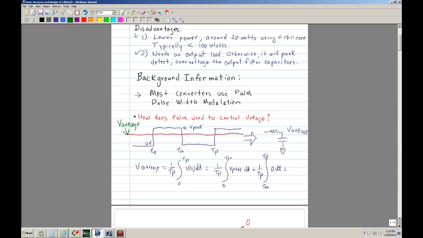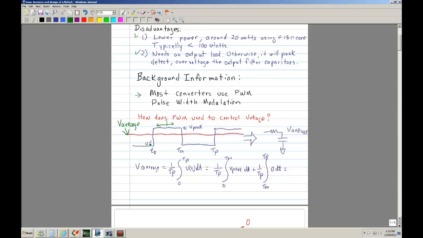Now, one can ask, how is PWM used to control voltage? Well, with PWM you basically modulate the turn on time, or the time that it's on.